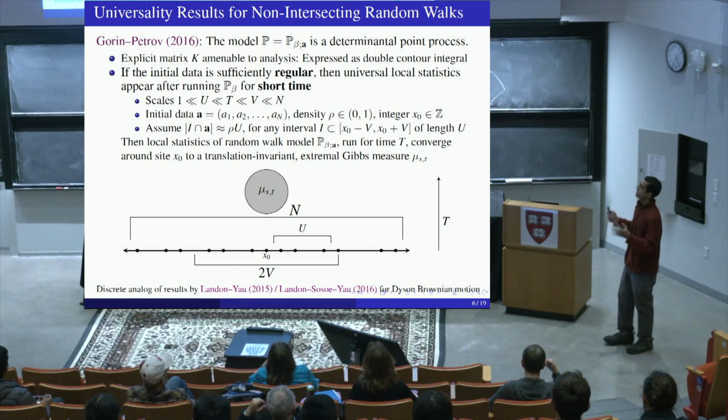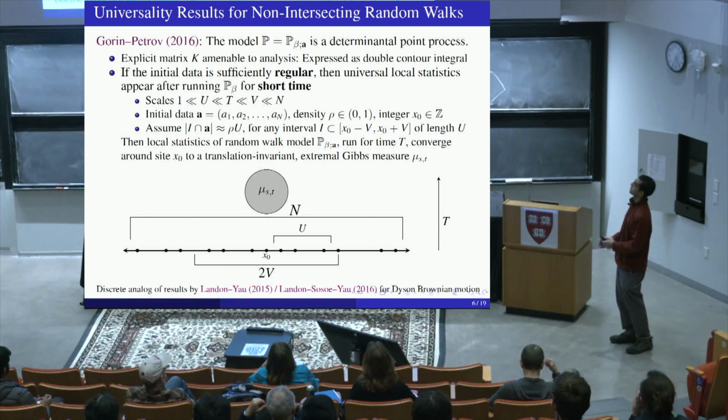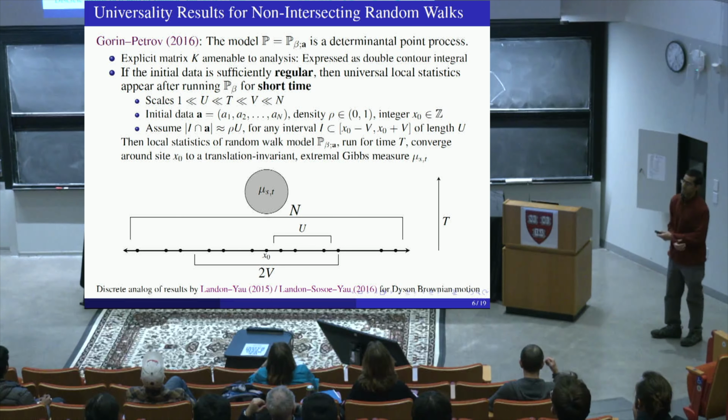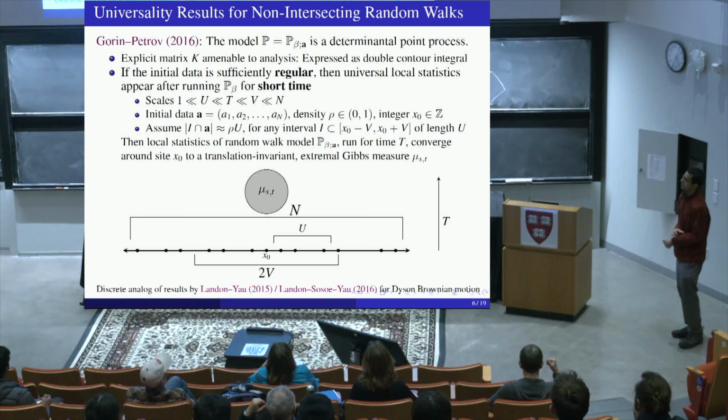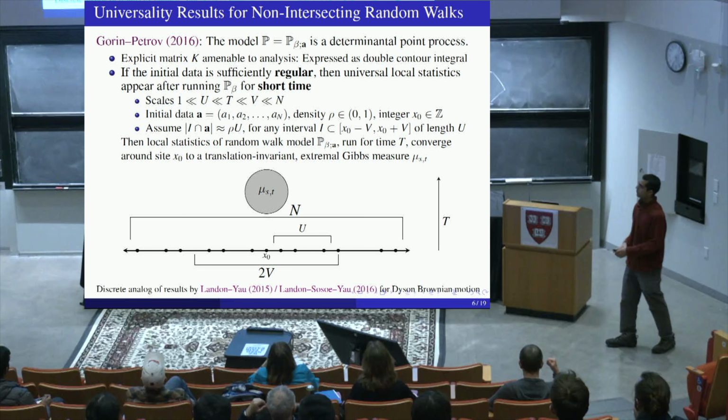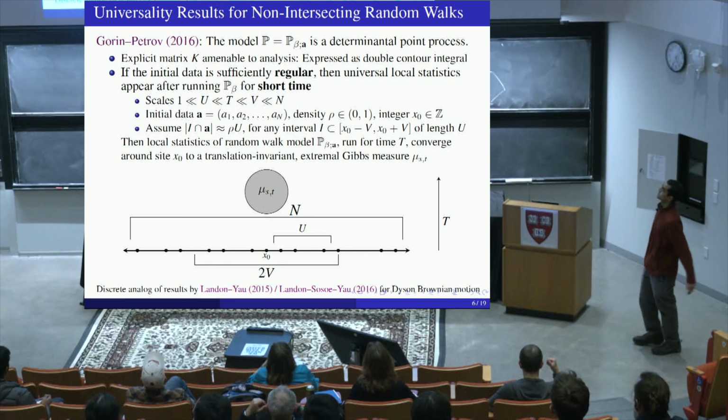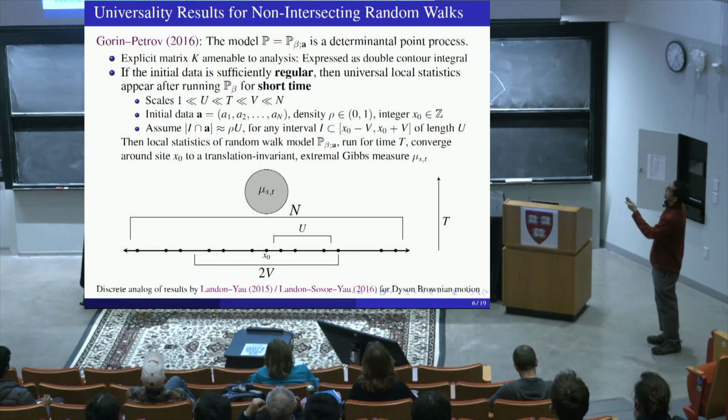You can actually do asymptotics on it. You can take limits with this thing. It's expressed as a double contour integral, so you can do some kind of steepest descent on it. I have not written down the formula, but one can write it down. It's one or two lines long. So now you can start to analyze this matrix and therefore this model.